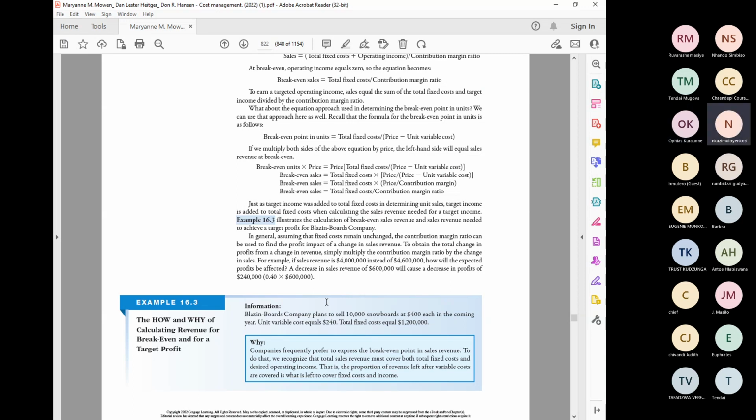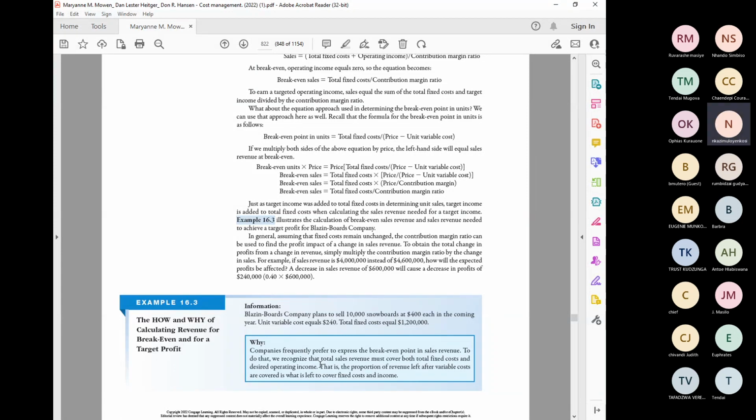Blazin Boards company plans to sell 10,000 snowboards at 400 each in the coming year. Unit variable costs equal 240, total fixed costs equal 1,200,000. Companies frequently prefer to express the break-even point in sales revenue.